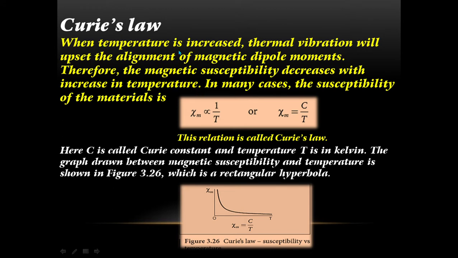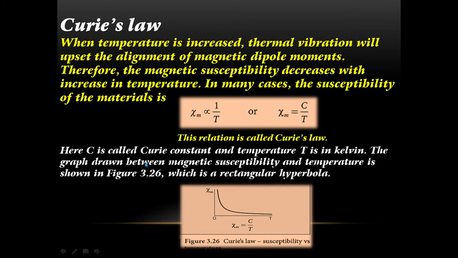This is the formula: psi m is inversely proportional to T. When we remove the proportionality, we multiply by the proportionality constant. Psi m is equal to C divided by T. Here C is called the Curie constant and temperature T is in Kelvin.